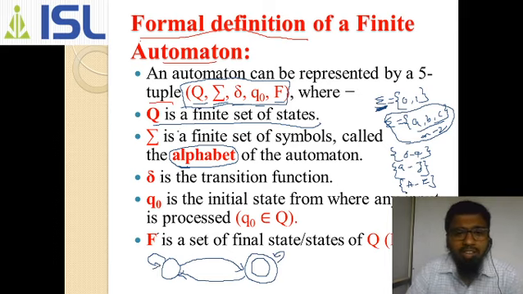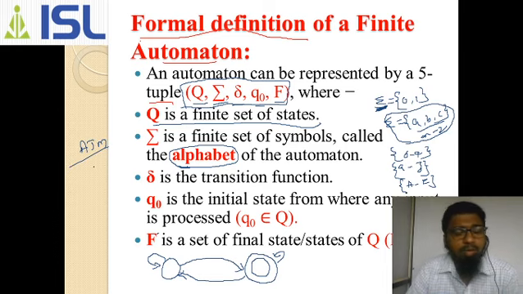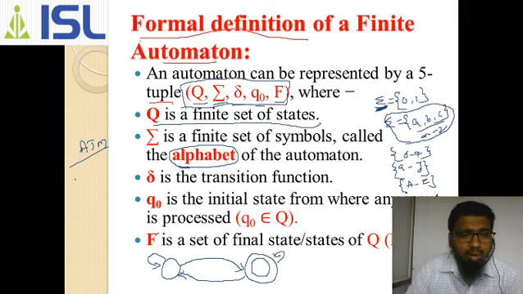So delta is nothing but a transition function. Like if you go to an ATM, again and again I am taking the ATM example because this is an automata machine. So in the machine, when you are giving input, whatever is happening there is a transition, and we will get the output.